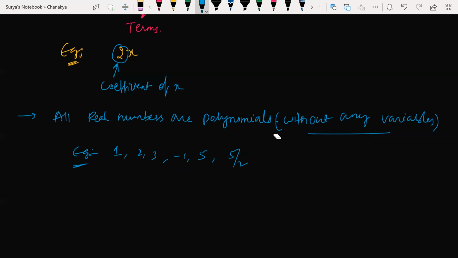Understood. First, look at this here. You said 2x. Here 2 is a constant, x is a variable. But here you don't have any variables, x, y, z kind of thing. You are not writing anything over there, right?